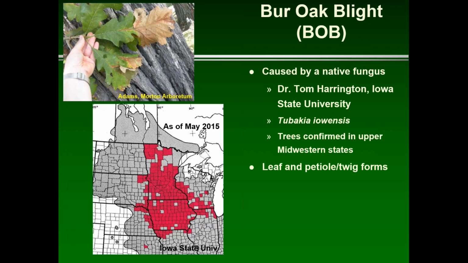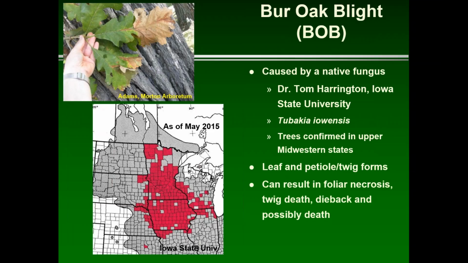Originally, we thought there was just one form that had both leaf and petiole that would attack both, but now it looks like there are separate leaf and petiole twig forms. And the disease itself, as well as some of the associated secondary pests that may associate with it, can result in foliar necrosis, twig death, dieback, and even possible death of the tree.